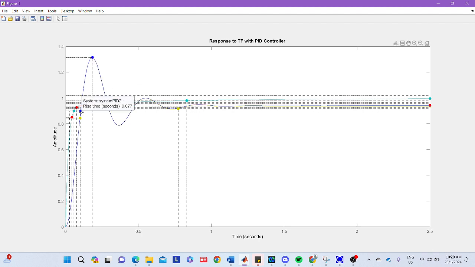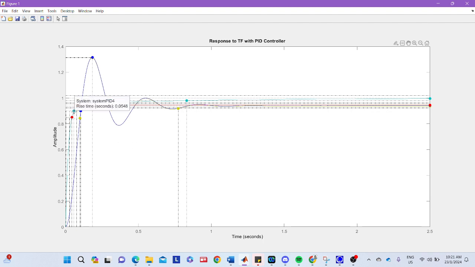The blue one for the second condition has a rise time of 0.00077 seconds and an overshoot of 31.5%, and there is no settling time. Next is the red one, with a rise time of 0.0519 and a settling time of 0.07458. There is no overshoot.